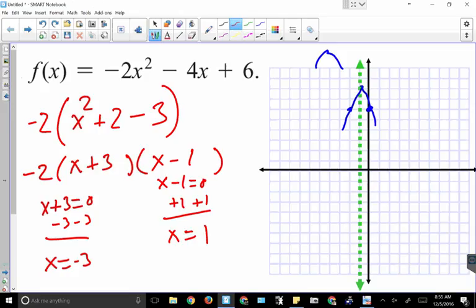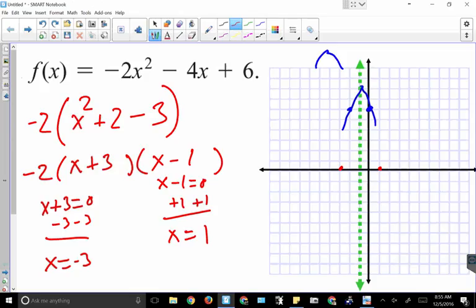So if I plug in -3 here, -3 plus 3 goes to 0. That's where it goes through the x-axis. So, 1, 2, 3. Right? Yep.